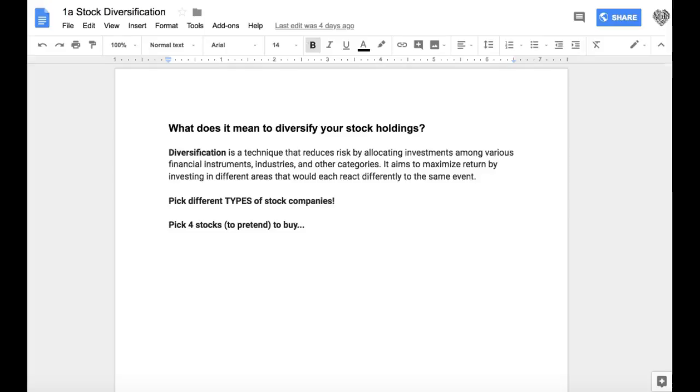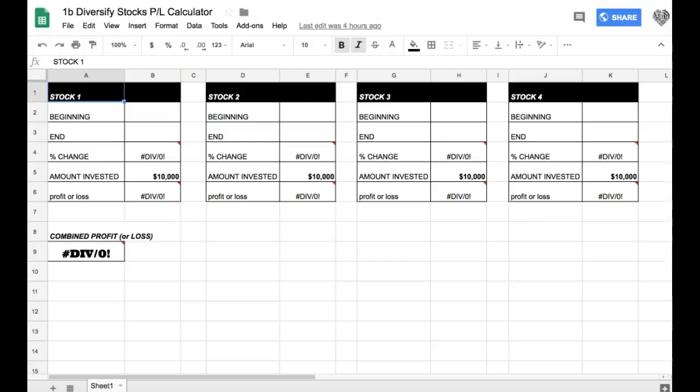So from there, we had them each pick 4 stocks that they were going to pretend to buy. We were going to have them pretend to buy $10,000 of each stock, and the 4 stocks had to be from different industries. When they did that, we shared this sheet with them, and we had all of the formulas in here. You could have them copy and paste them from an old percent change calculator sheet, or have them come up with them themselves.